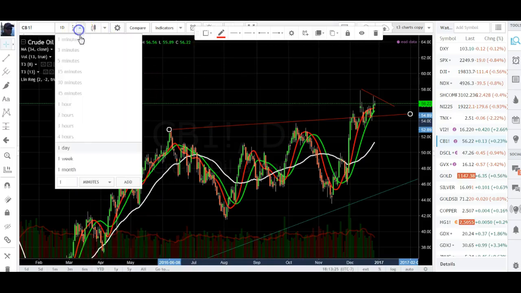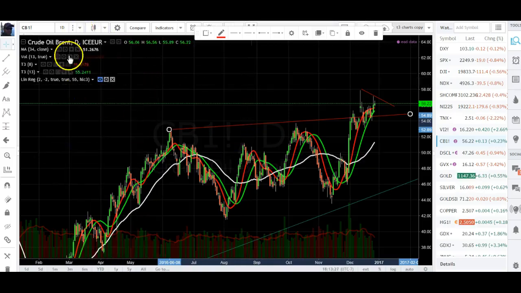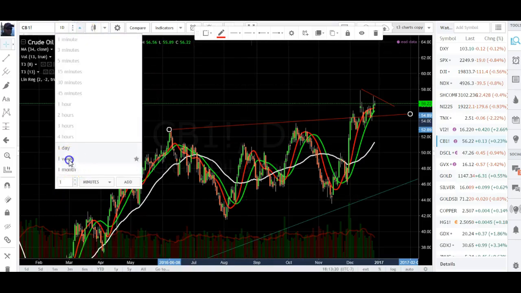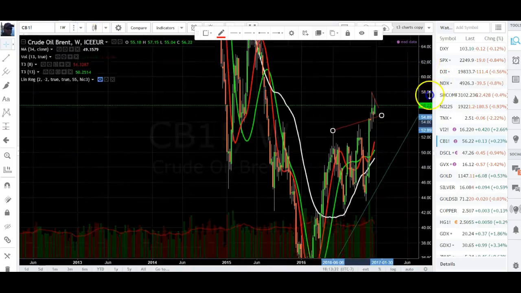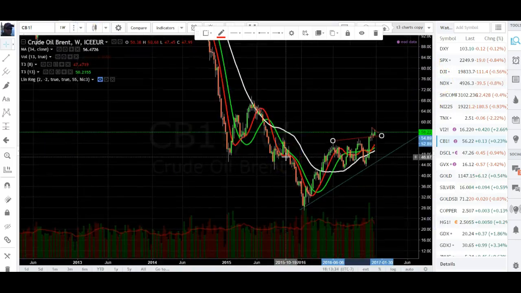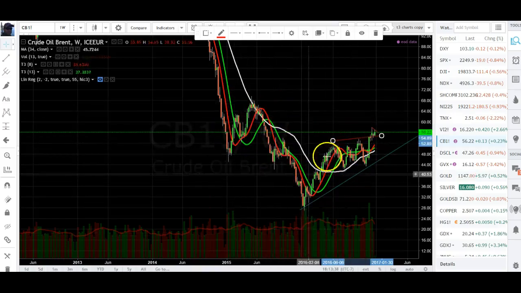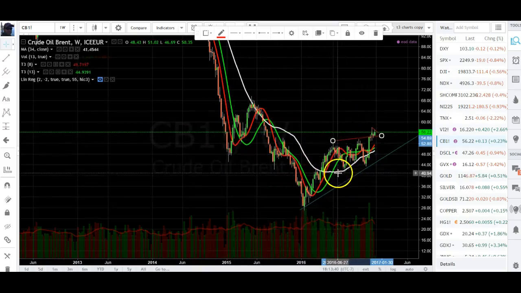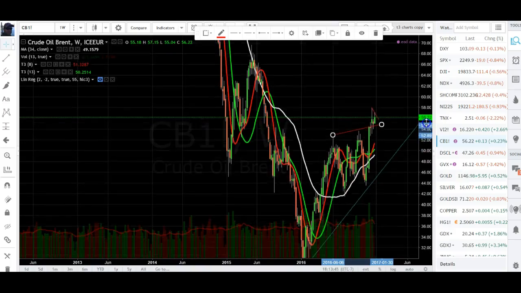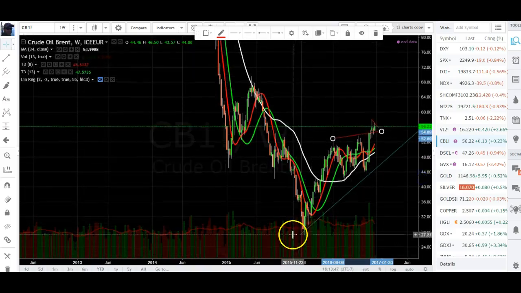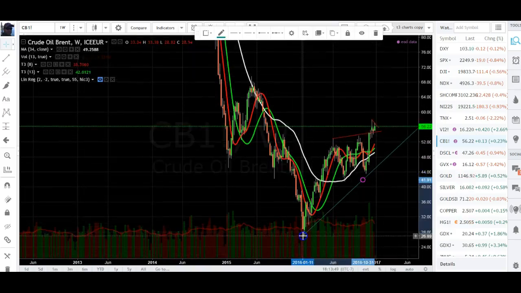Let's see if we can dig deeper and find some kind of... no, I can't do it on this one. See longer term. We got a huge reverse head and shoulders working. The left shoulder, head, and the right shoulder. Let's see.